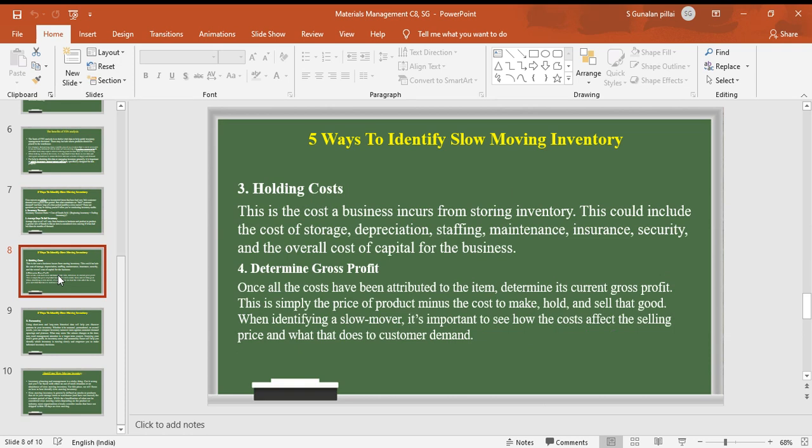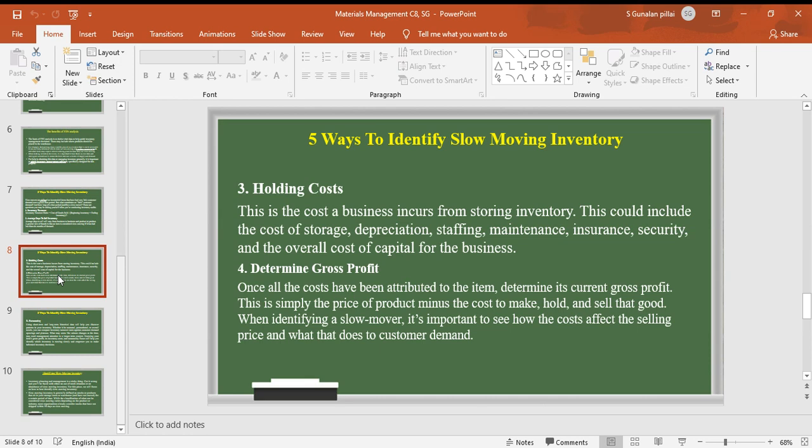Then holding cost, how much it costs to hold a particular product. This is the cost a business incurs from storing inventory. This could include the cost of storage, depreciation, staffing, maintenance, insurance, security, and overall cost of capital for the business.